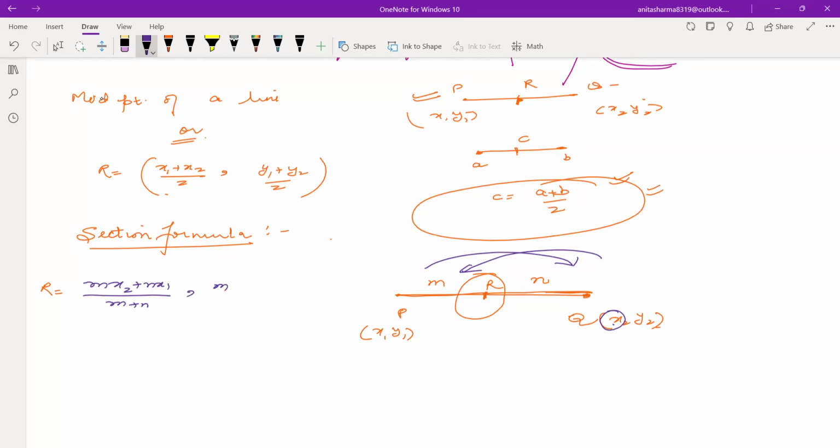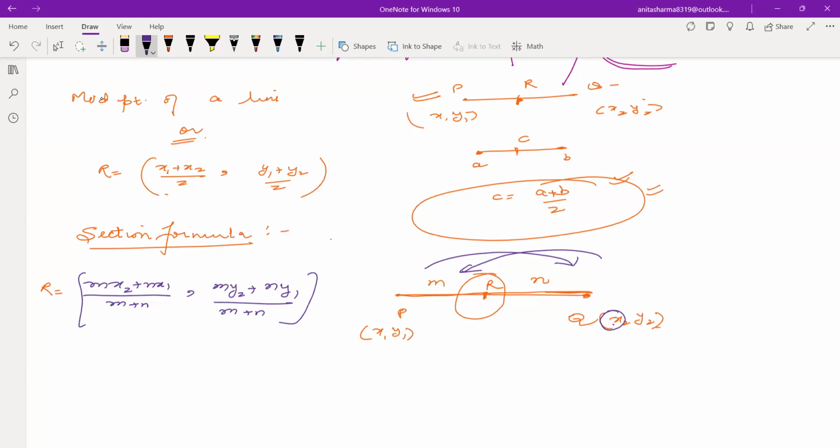Then comma my2 plus ny1 upon m plus n. This is the section formula. So whenever a line PQ is divided in the ratio m is to n, the coordinates of R will be this one.